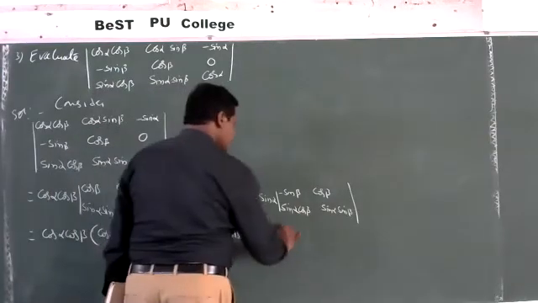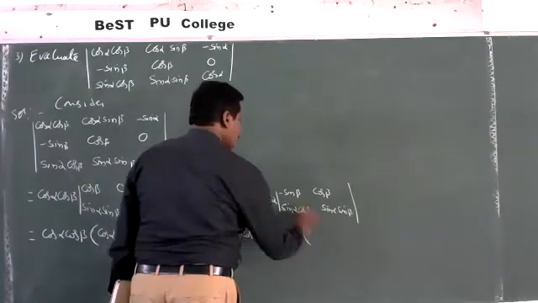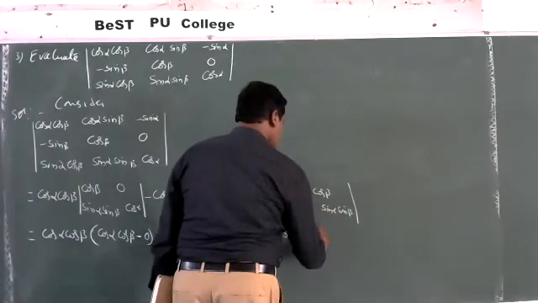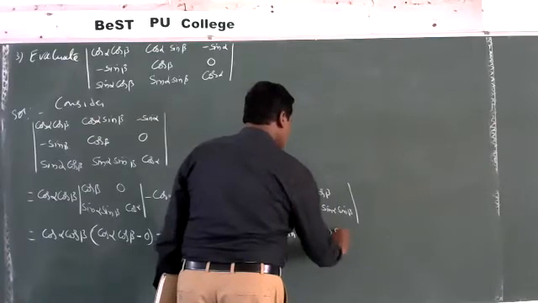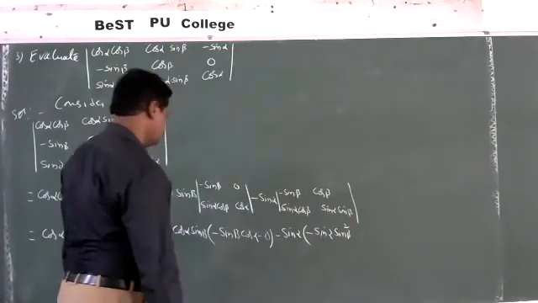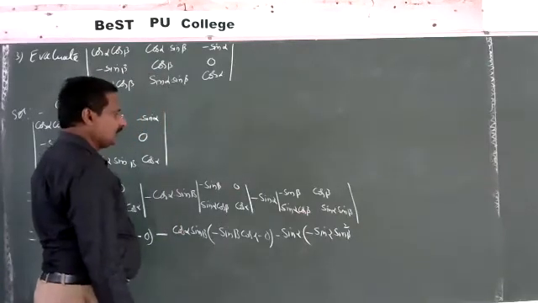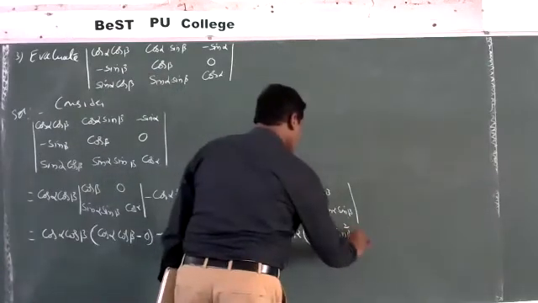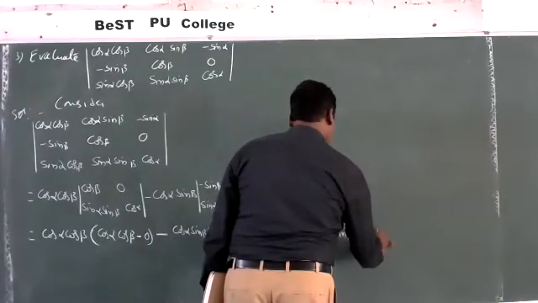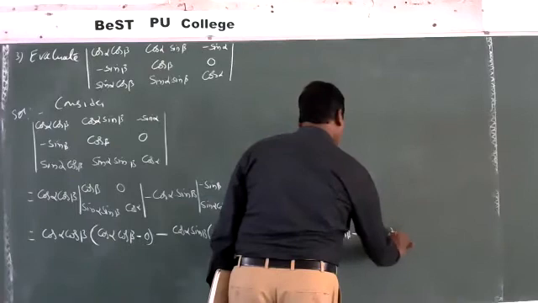Next it is minus sin alpha into minus sin alpha sin square beta, minus sin alpha cos square beta.